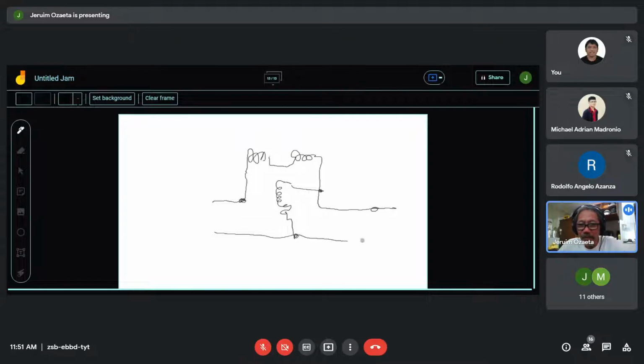In order to defeat the magnet, ang ginagawa nila, pinuputol ito. Puputulin nila yan, tapos maglalagay ng jumper. Yan ang tinatawag na jumper papunta doon.